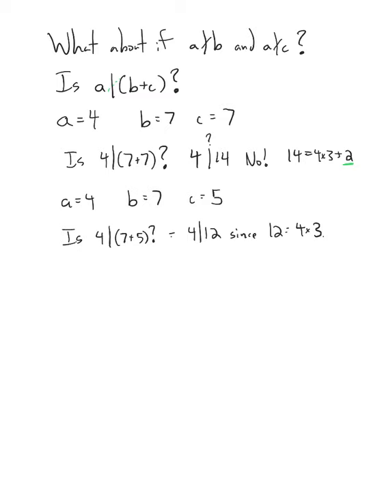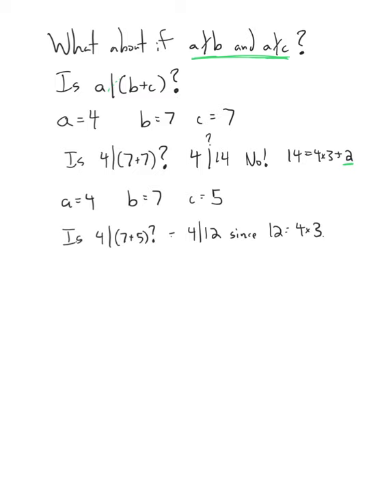So what this says is that if B and C both don't have A as a factor, or A isn't a factor of B and A isn't a factor of C, then it could be either. Just off that, you don't have enough information to say whether A is a factor of the sum.